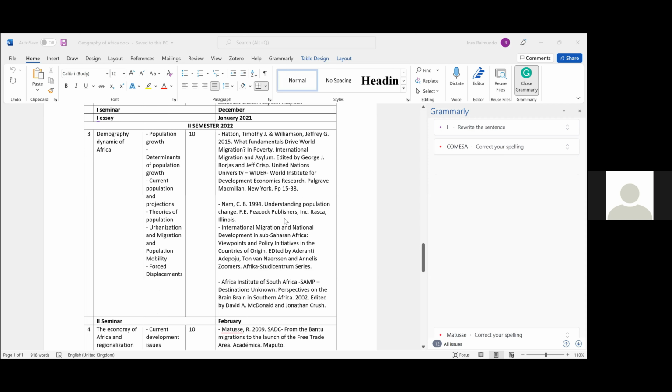If you Google, you'll find my name there, Inès Raimundo, with my publications on migration issues. As a matter of fact, this year I also published about international migration, but unfortunately this one was published in Portuguese, in Brazil.